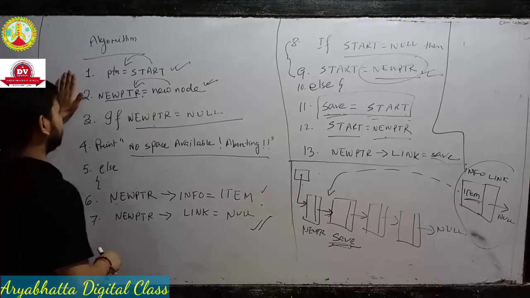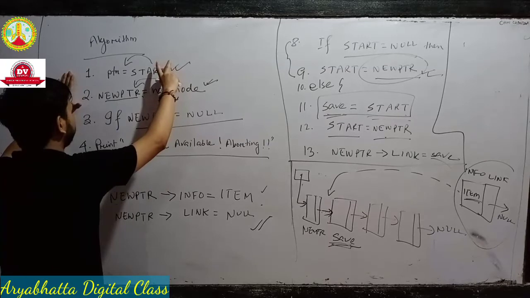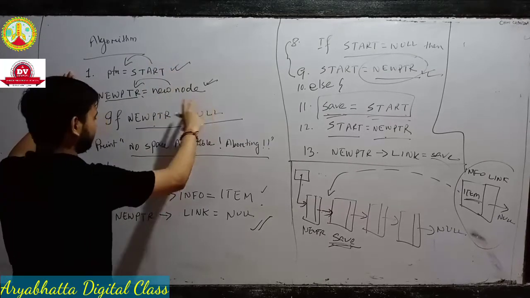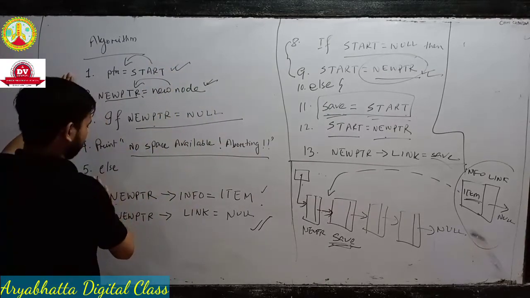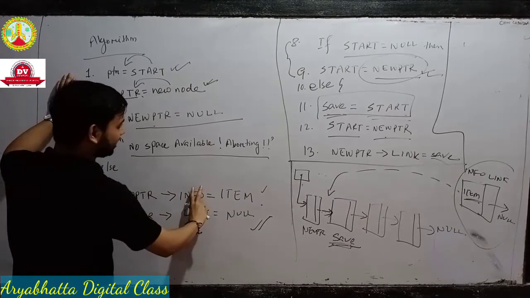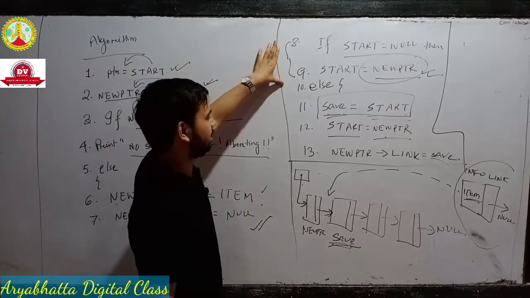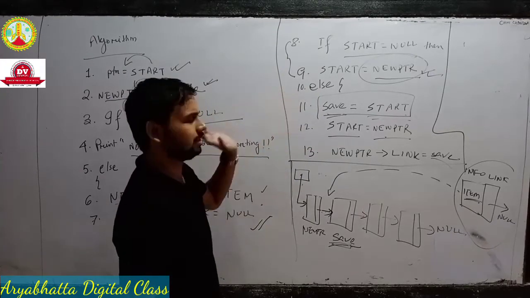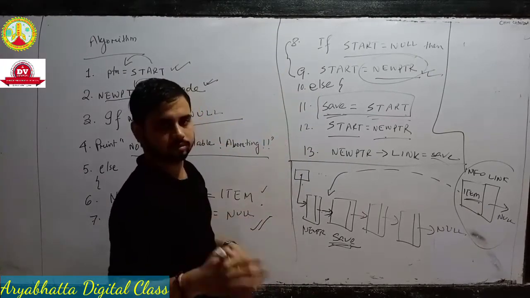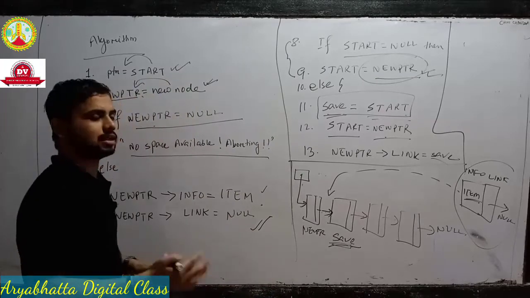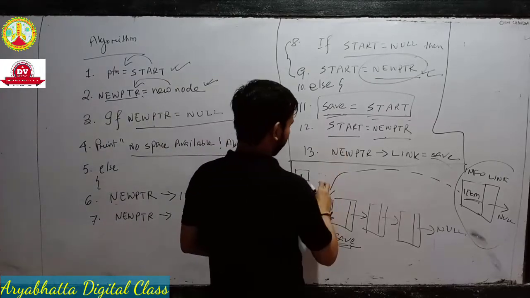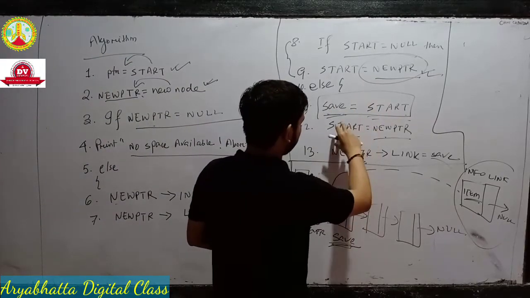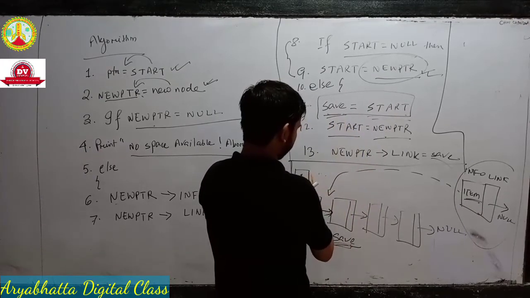This is the condition of creating a new node. If new node is null, it is impossible. Otherwise the new node will be created. This is for the empty list; otherwise, if the linked list already contains nodes, then when inserted in the beginning, start will be shifted.